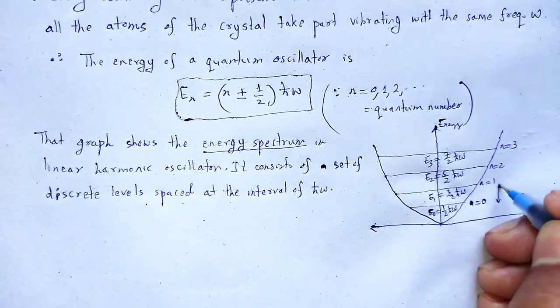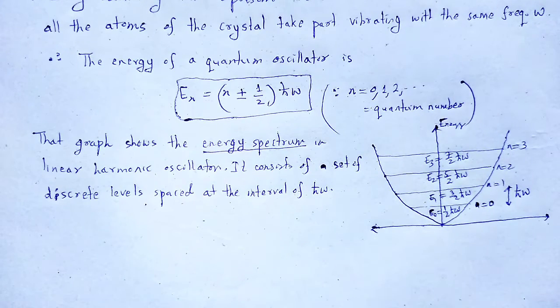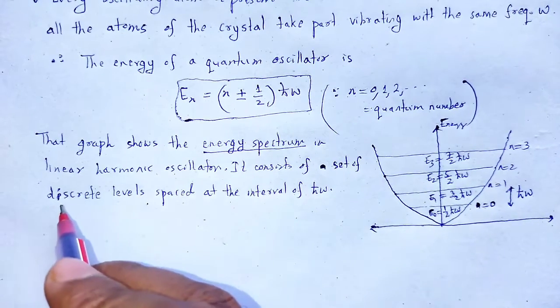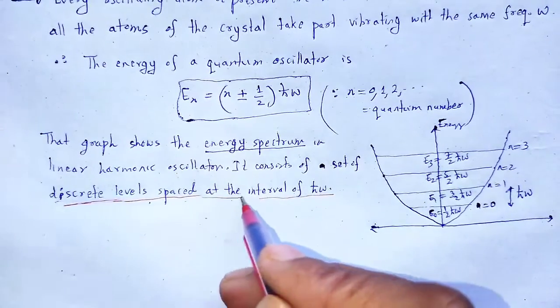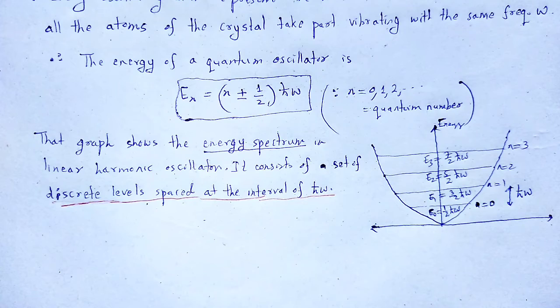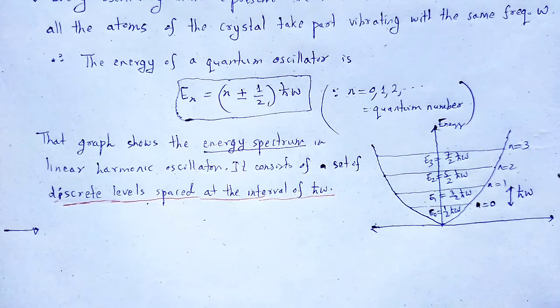In between these two levels, there will be the interval of h cut omega. So the minimum portion of energy that can be absorbed or emitted by the lattice to obtain the next mode of vibrations is h cut omega.